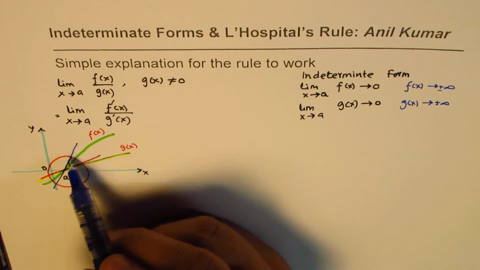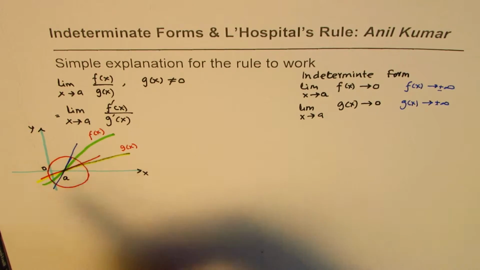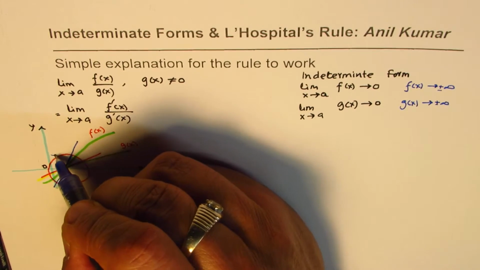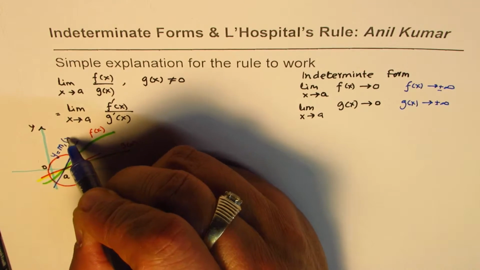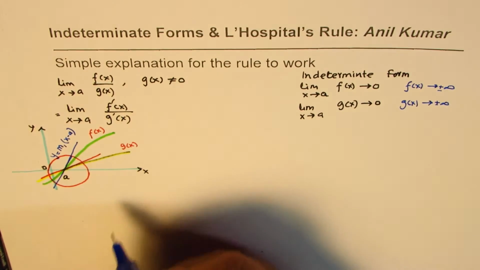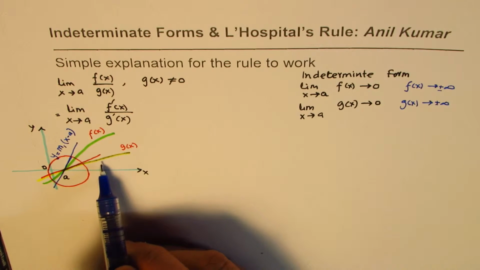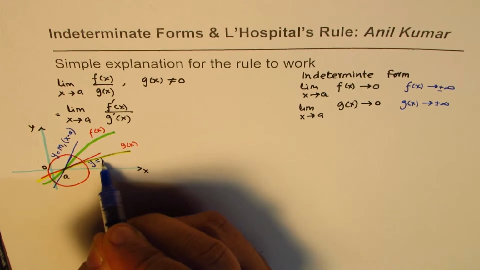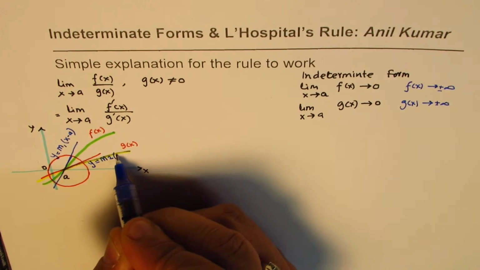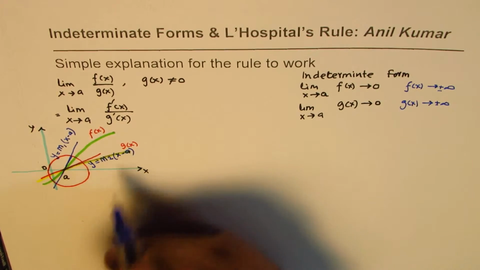And if I call this slope m1, then I could write this function as y equals m1 times x minus a. And if I call this slope m2, I could write this as y equals m2 times x minus a.